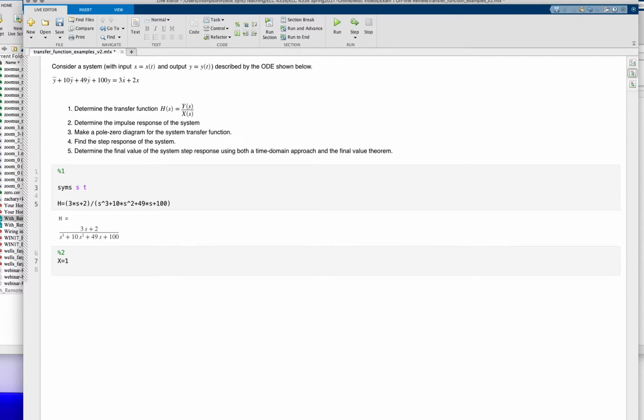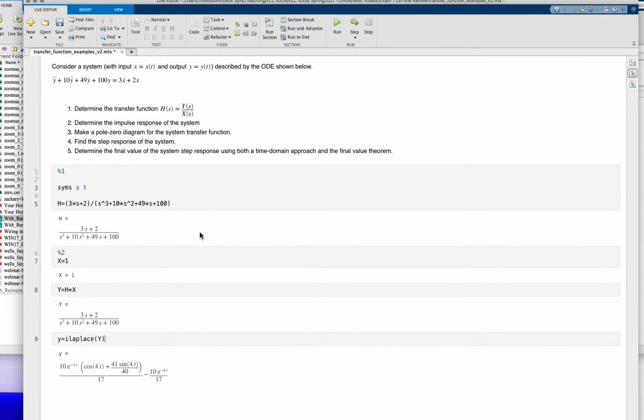And so then y would be h times x, that's the convolution result we talked about, and then I just do an inverse Laplace transform of cap y. I'm going to run that to get the answer, and here we are. This gives me the impulse response.